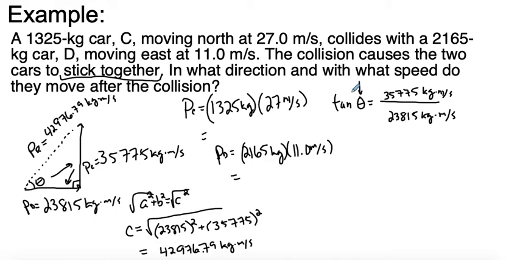So remember what we're going to have to do in order to find this angle. We're going to have to use inverse trig functions of both sides. So that'll take care of that, and we're left with theta. So we can do inverse tangent of 35,775 divided by 23,815 to get that angle. So make sure that your calculator is in degrees and not radians here.